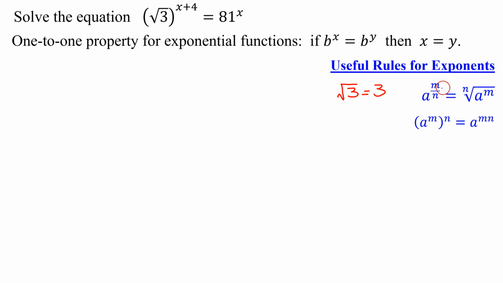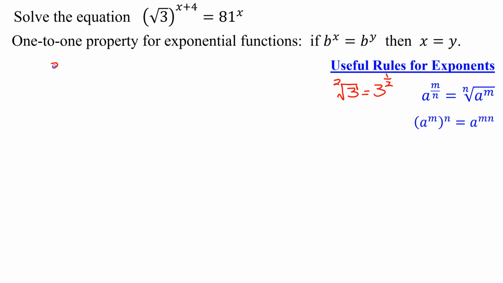Notice the index goes in the denominator, the power goes in the numerator. So in our case, when we have a square root, we're too efficient to write the index of 2, and we're also too efficient to write the power of 1. So the square root of 3 is 3 raised to the 1/2 power. Index goes in the denominator, power goes in the numerator.